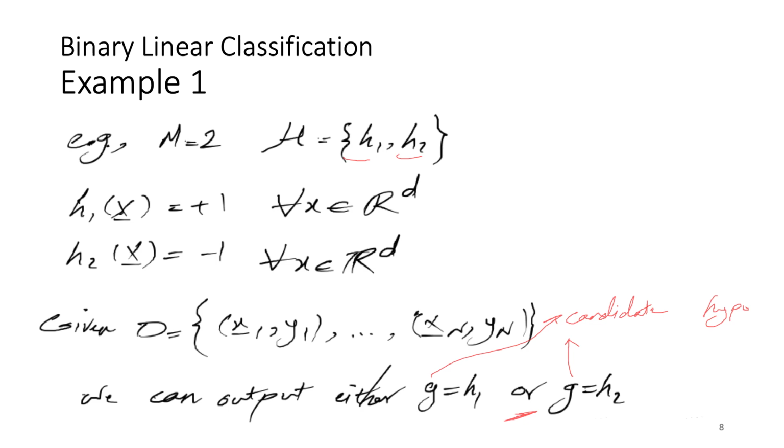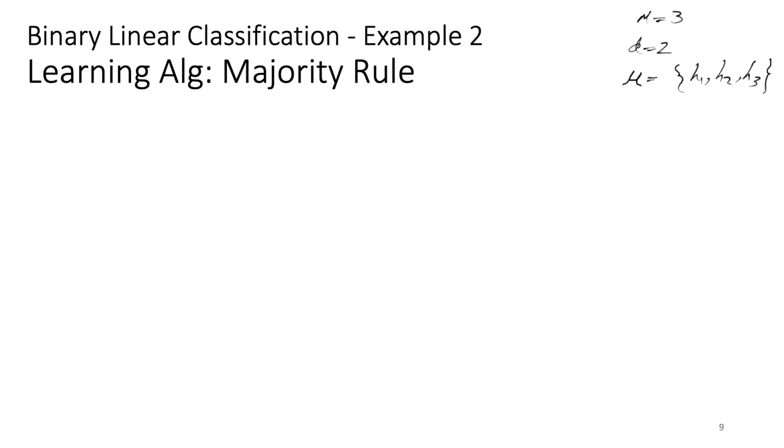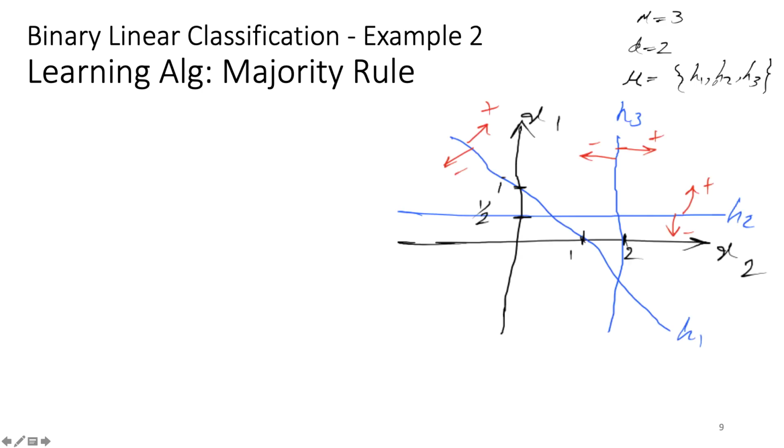All right, now let's see a little bit more juicy example. In this case M is 3, in 2 dimensions. M is 3, thus you have h1, h2, and h3 in your hypothesis set. These are representing these 3 lines, so think about them as 3 perceptrons.